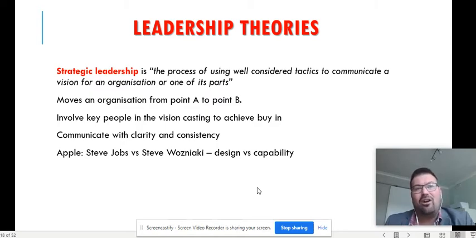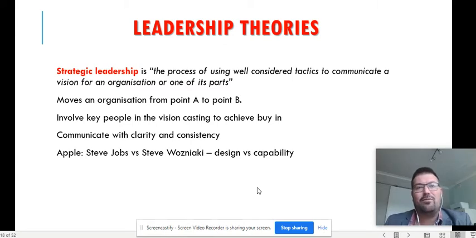Now, we now know that Apple isn't the most technologically brilliant, but to look at and to use, it is incredibly easy. So Steve Jobs won that battle, and Steve Wozniacki eventually left the company. Steve Jobs' vision was about making things easy to use and beautiful to look at, and that has been their strategy all the way through.